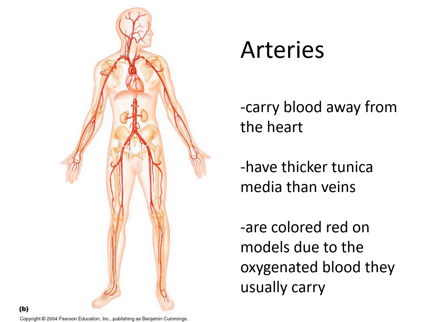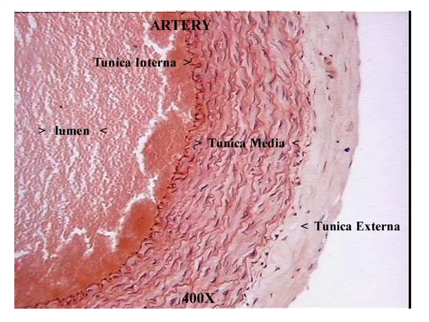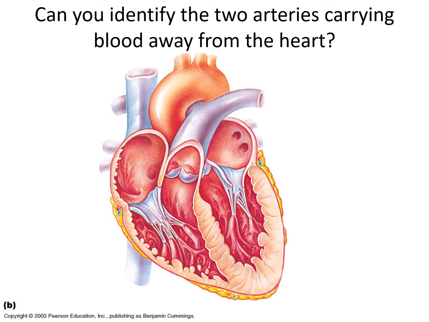And we can classify arteries in two types. We can classify them as elastic arteries or as muscular arteries. Here you can see the thicker tunica media in an artery. And of course, there are two arteries that lead blood away from the heart. The obvious one is this aorta traveling here.